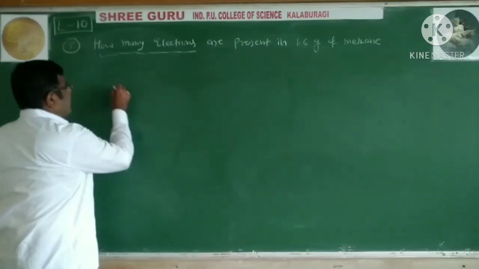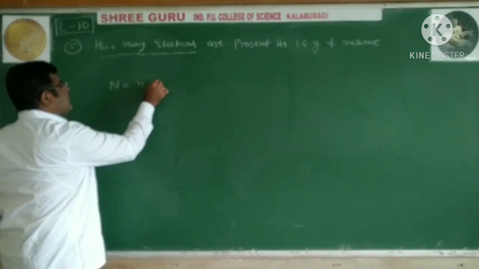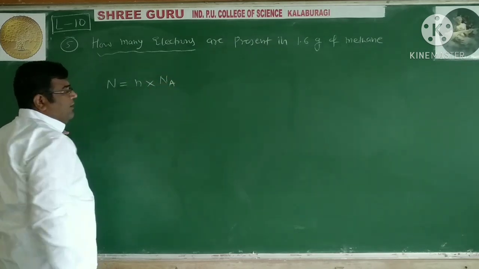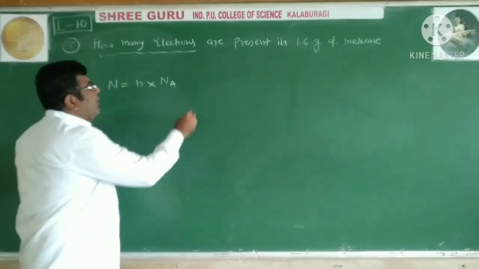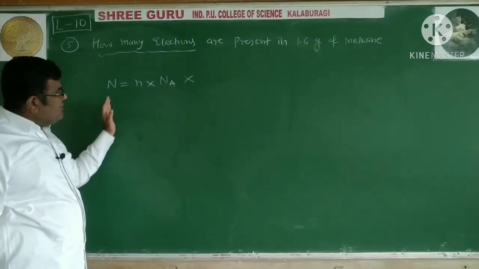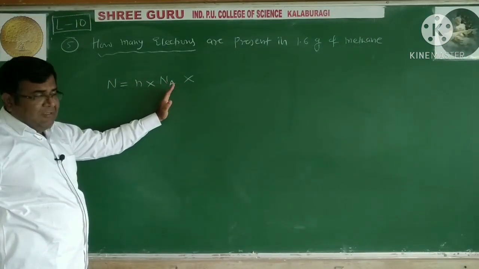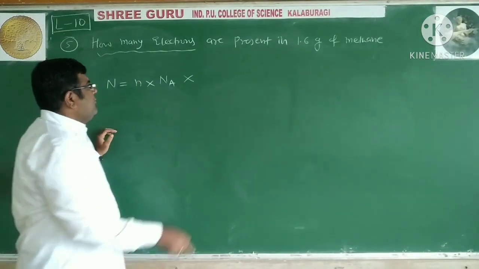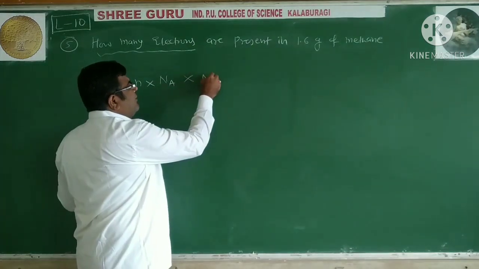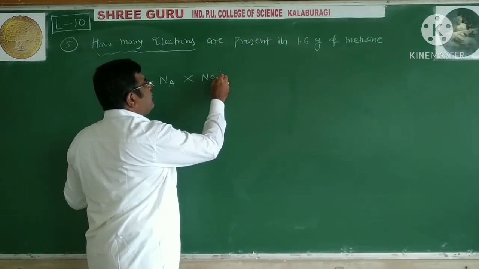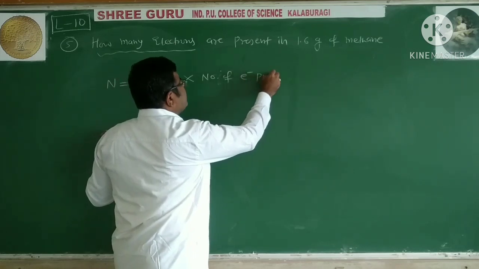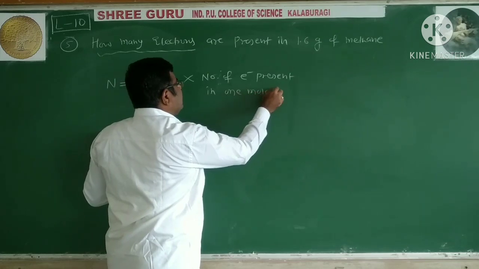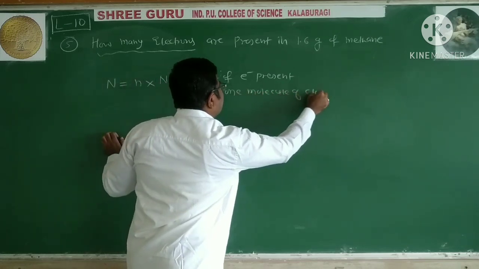We have this formula: number of molecules is equal to number of moles multiplied by Avogadro number, and then again we have to multiply, because this will give us the number of molecules. But one molecule of methane contains how many electrons? So we'll multiply it by the number of electrons present in one molecule of methane.